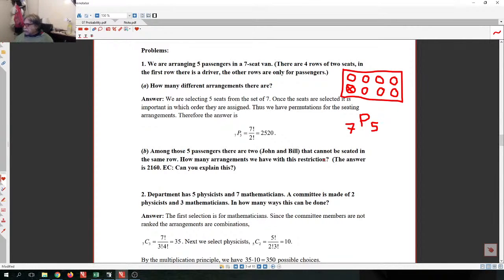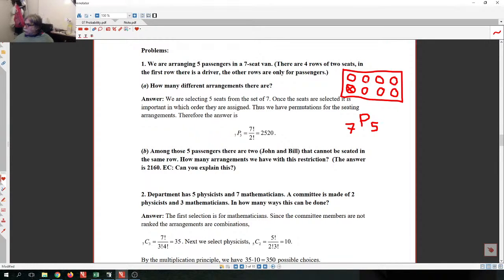So I'm asking myself: how many ways can I put these 2 guys in the same row? You can put John and Bill here, here, and here. But you can also put Bill and John here, and here, and here, right? So it's actually 6 different ways.